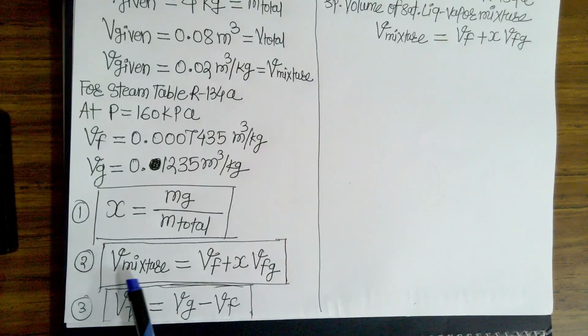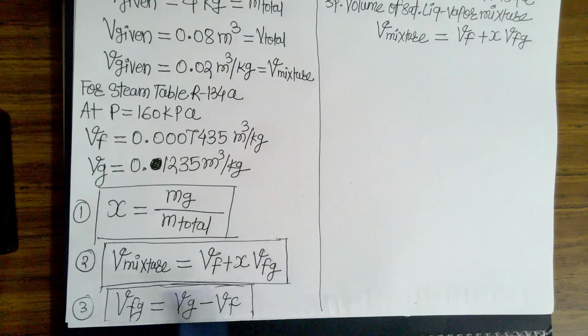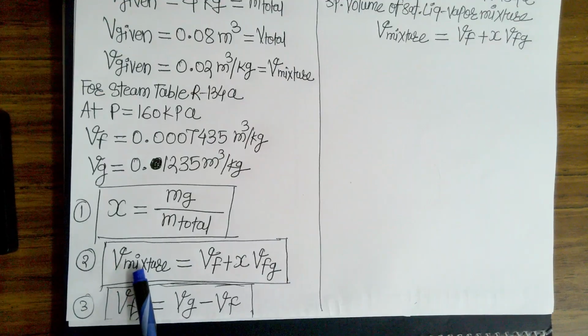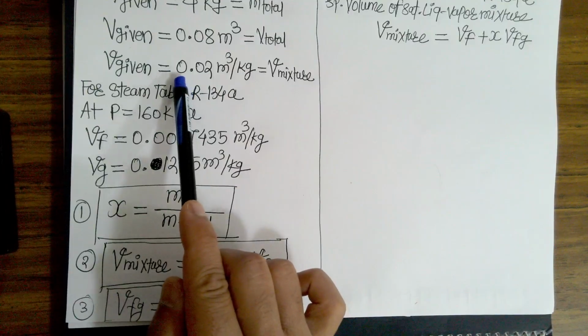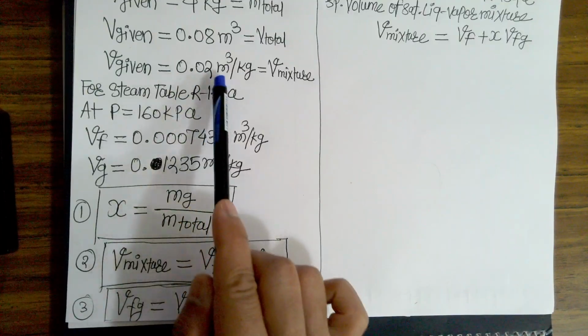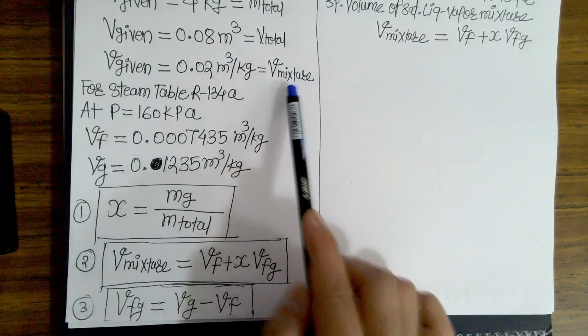So the second equation is the specific volume of liquid vapor mixture is equal to Vf plus x Vfg. So in this equation, the specific volume of liquid vapor mixture refrigerant is given to us already. We have calculated that. That is 0.02 meter cube per kg is the specific volume of refrigerant mixture.